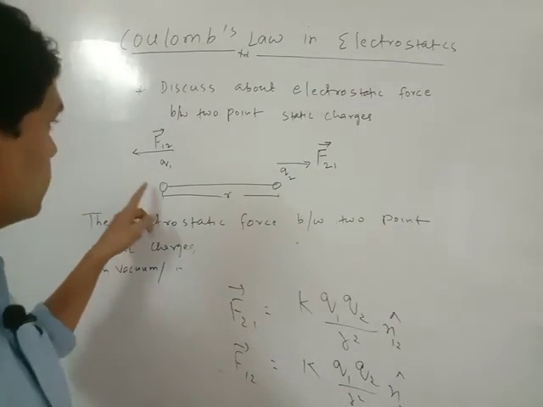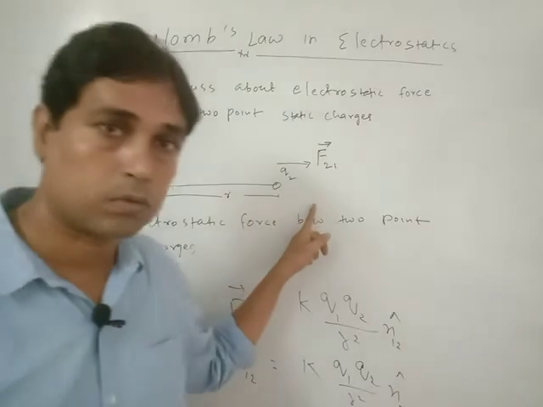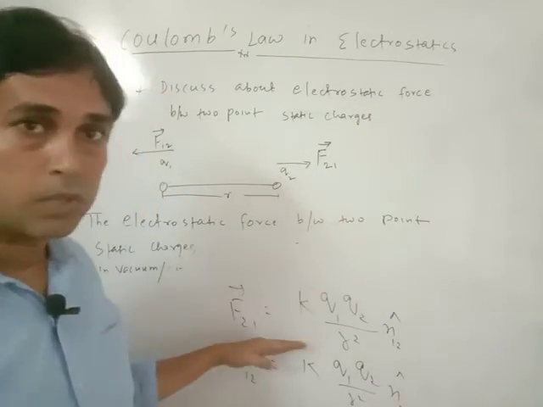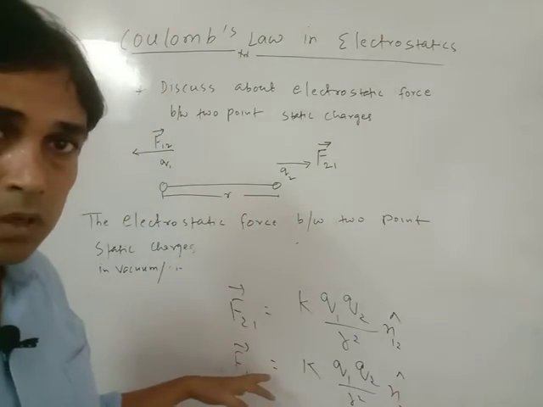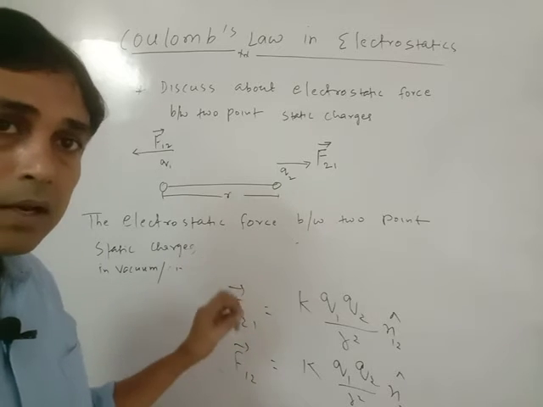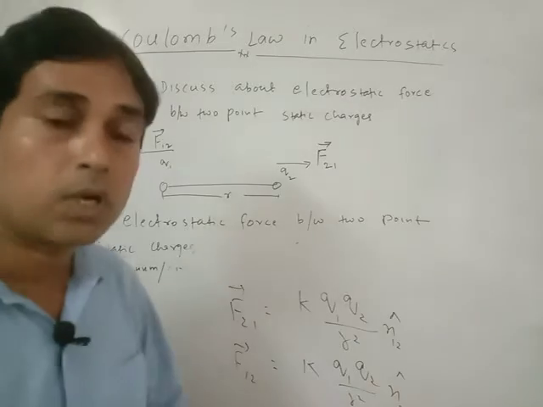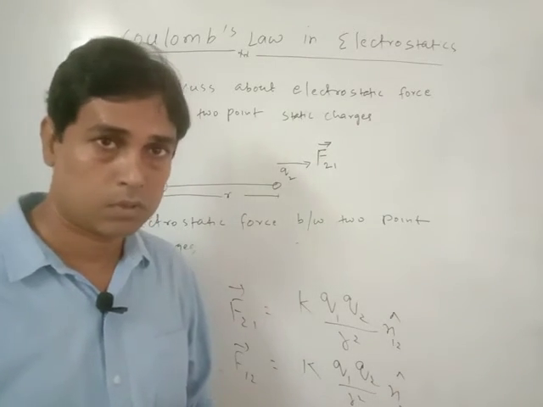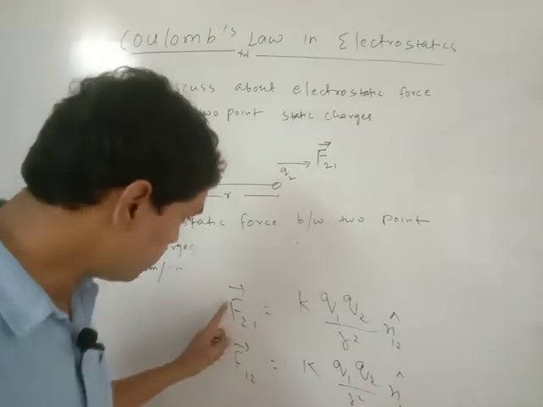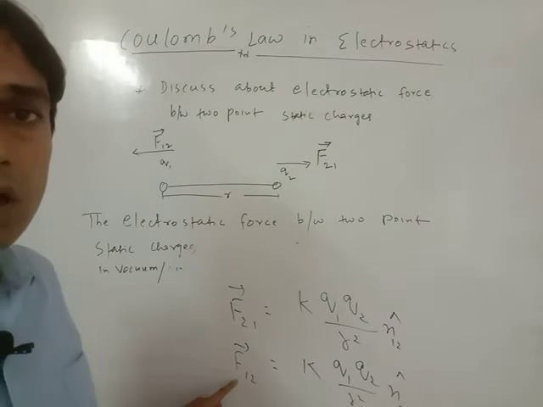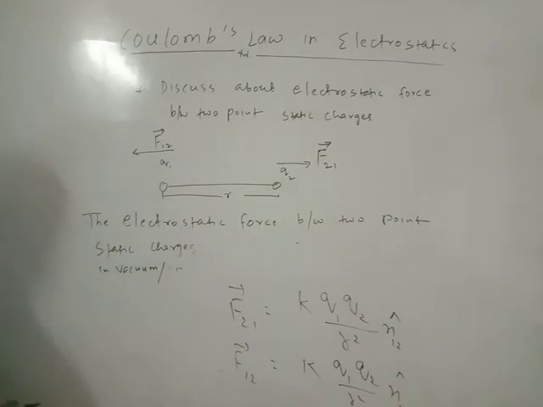From these electrostatic forces we can explain the magnitude and direction of the electrostatic force, and from F21 and F12 we can say F21 is equal to F12 in the opposite direction.